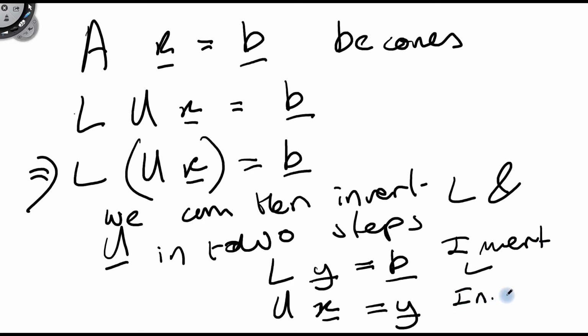We invert L and we invert U. And I hope you agree that inverting L and U, once you have them, is much simpler than doing more and more Gaussian elimination.